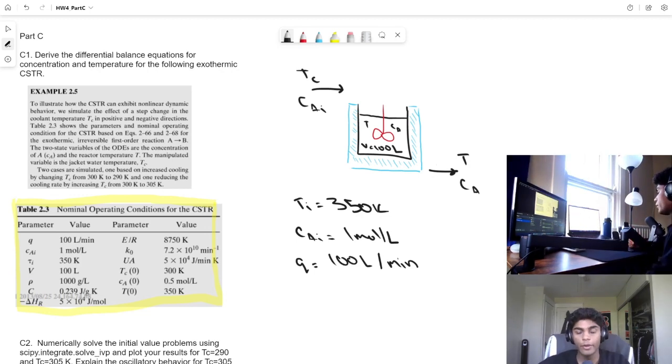Now, the next thing you might notice is that there is some casing for the tank, and this is a cooling jacket that I have drawn out here. That is merely just a cooling jacket, because, of course, we're referring back to the fact that this is an exothermic CSTR. We will be releasing heat in this reaction, and therefore this cooling jacket is just going to cool that down.